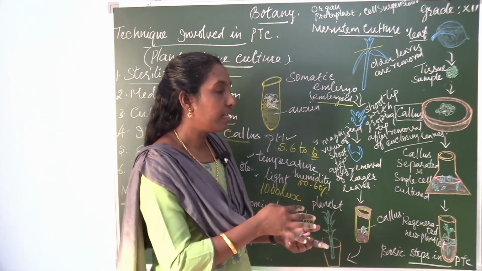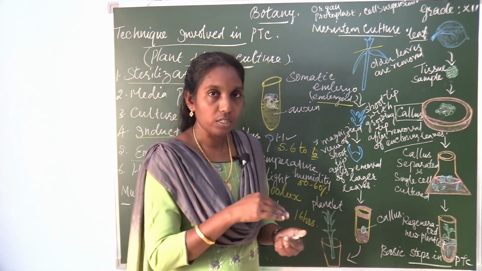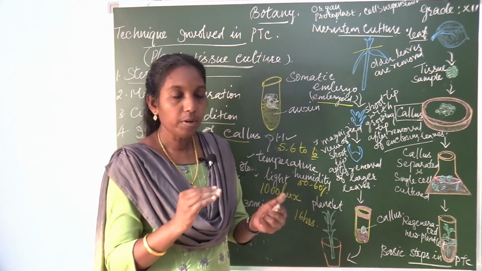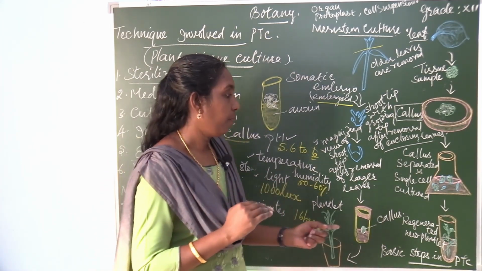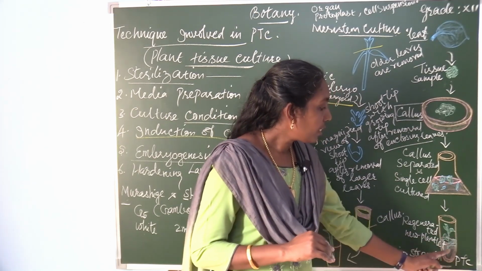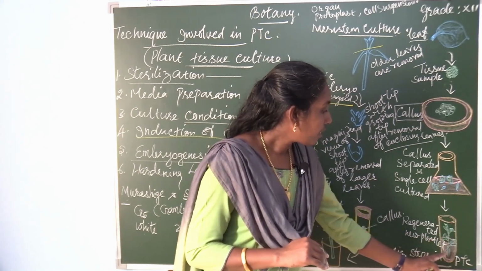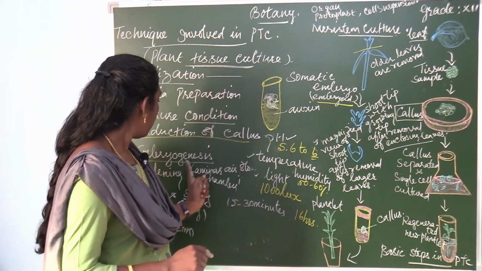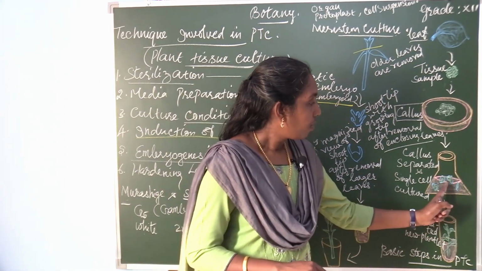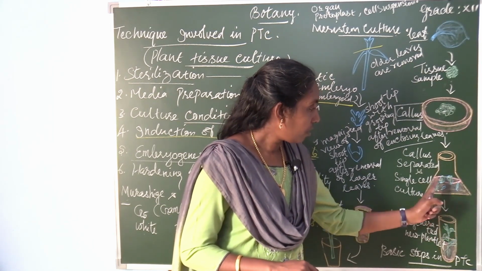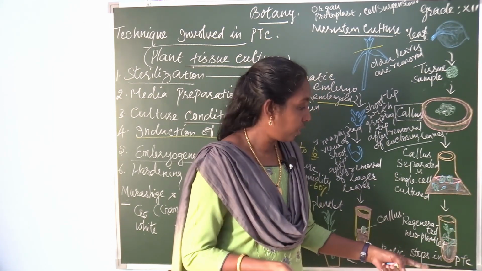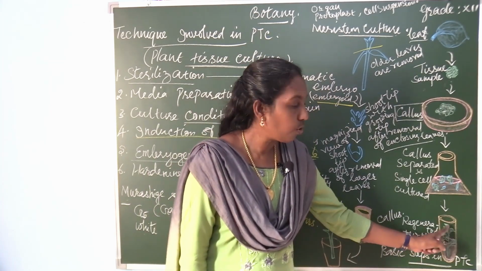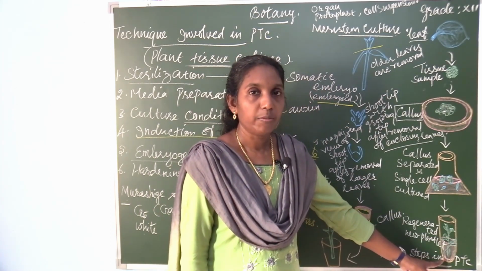But all these natural conditions are provided artificially within an artificial room, and within the small vessel. So this plantlet can be developed in the test tube. The regenerated new plantlet. Now in embryogenesis, a single cell is allowed to culture in different nutrient medium. From there it produces the plantlet, the regenerated new plantlet. Now new plantlets can be produced.